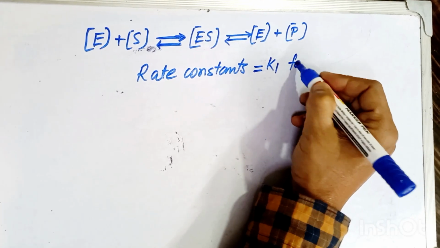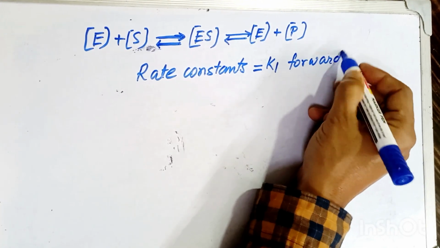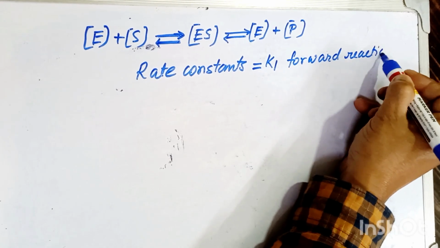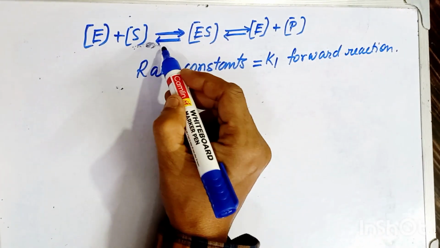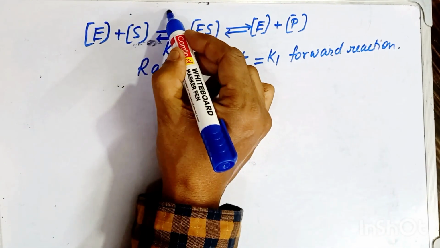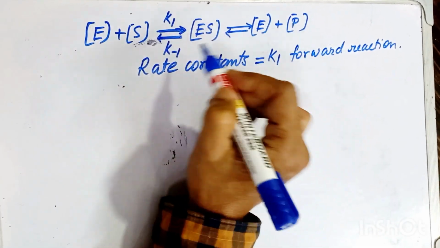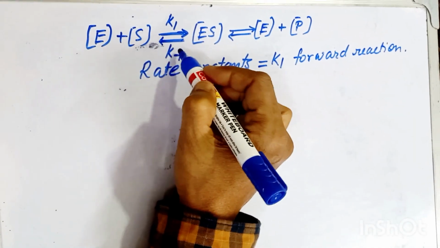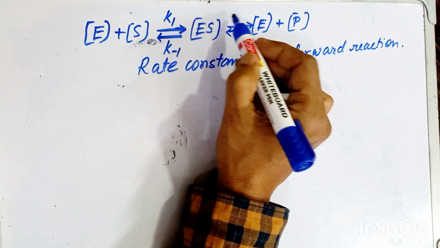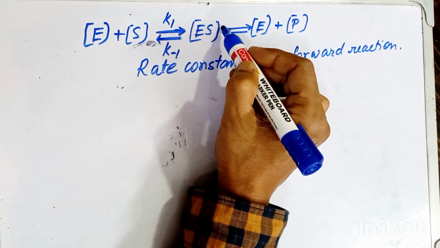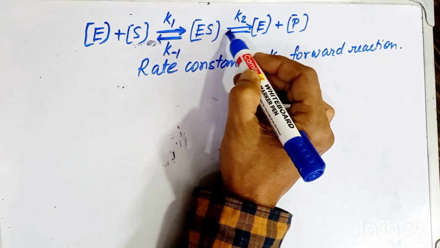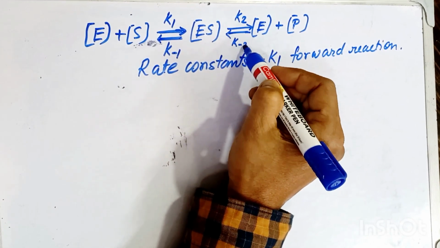The rate constant for the backward reaction I denote by K minus 1. Then the rate constant of this second forward reaction is K2 and the rate constant of this backward reaction is K minus 2.